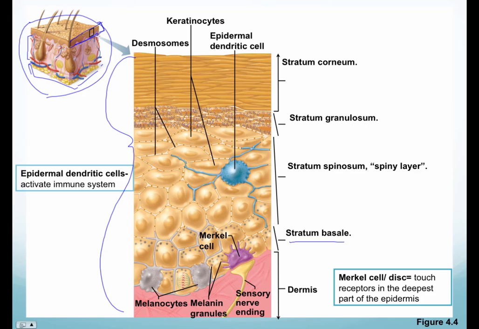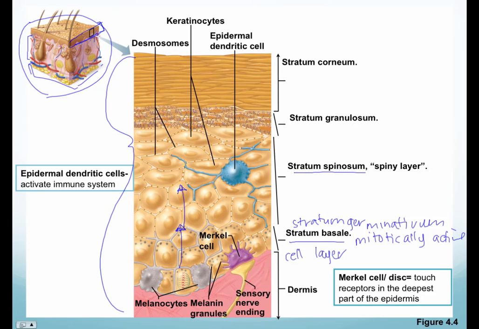Stratum basale, you'll also see this in your textbook as stratum germinativum. This is our mitotically active cell layer, meaning that as it grows and divides, these cells eventually become daughter cells, and all of that continues to eventually form the stratum spinosum, stratum granulosum, and then the stratum corneum.